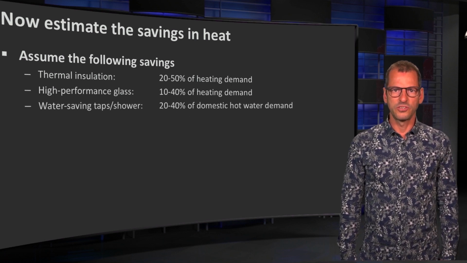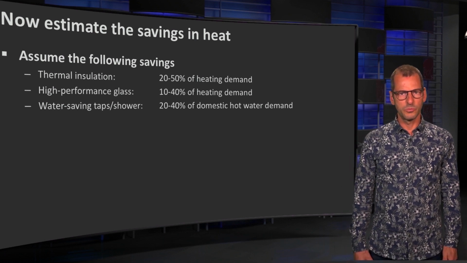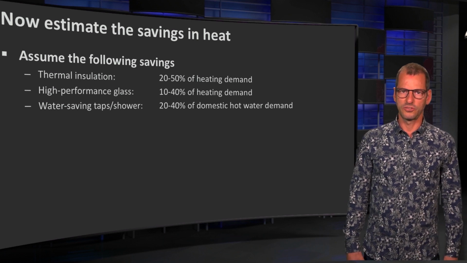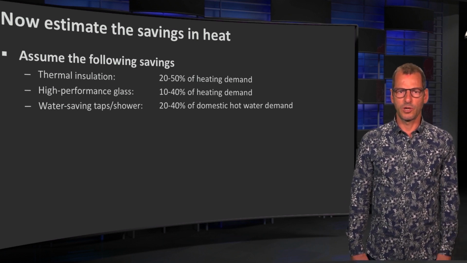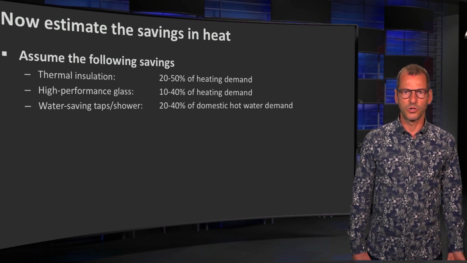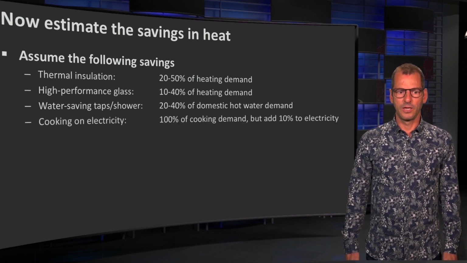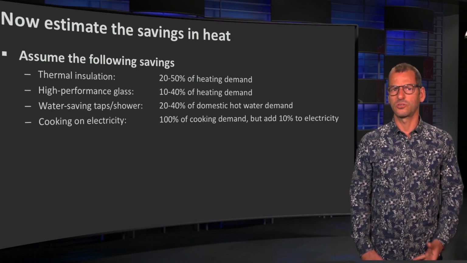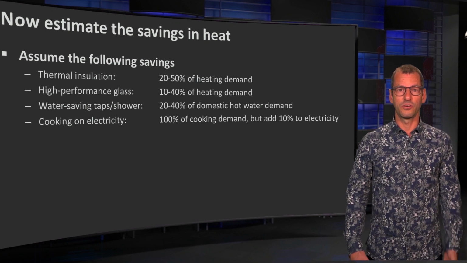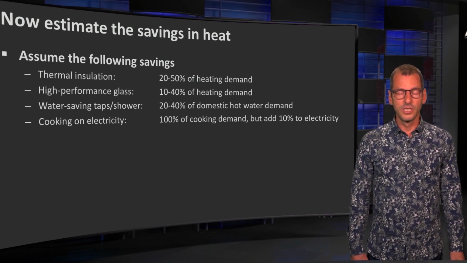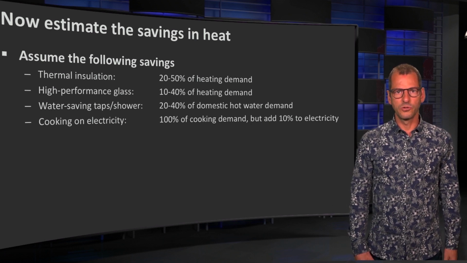Then you can save, for instance, energy for your hot water purposes by using water-saving taps or energy-efficient equipment for that. Thereby you can save on your showering or hot water usage in the building. The last one I want to show is cooking. You can shift from cooking on gas or on wood or on other sources to cooking electrical, which could also be induction cooking.